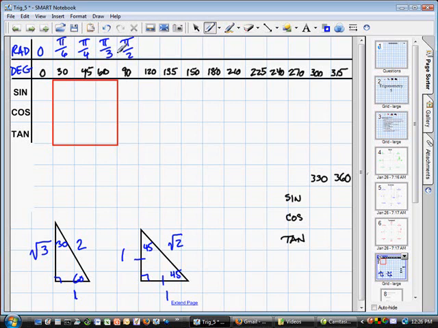And then 6 pi over 12 is pi over 2, and so forth. Then you can do some other things, like 120 degrees is double 60. Well, if 60 is pi over 3, then 120 must be 2 pi over 3. 135 degrees is a 45 degree angle past 90.